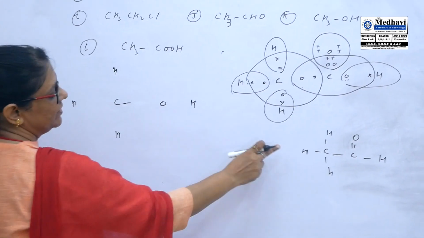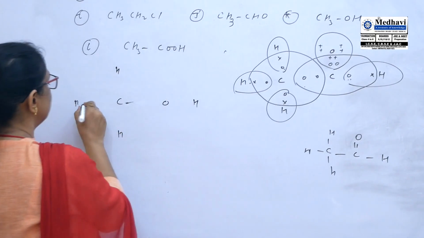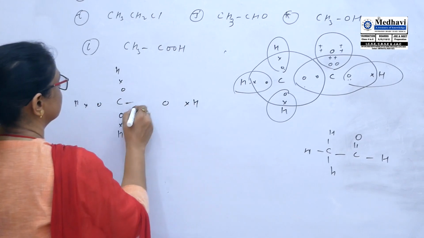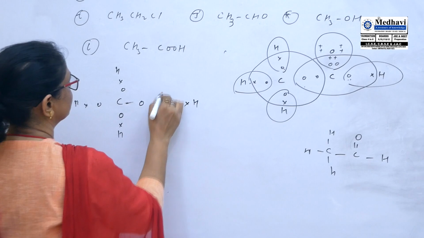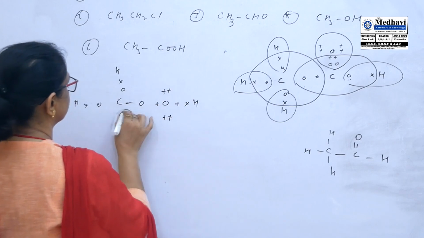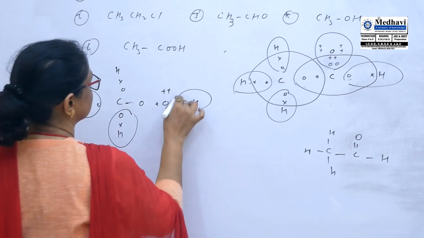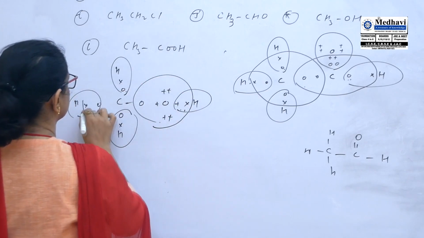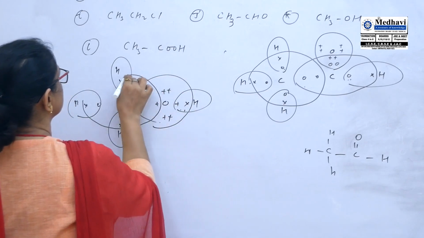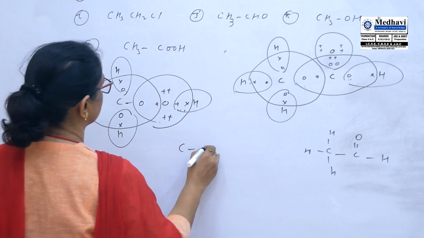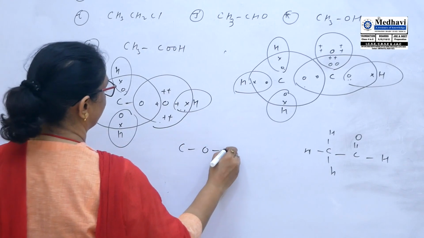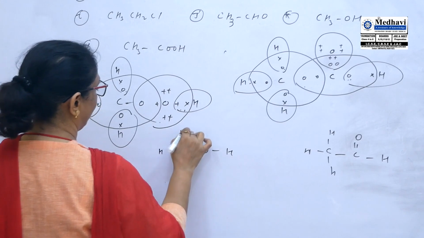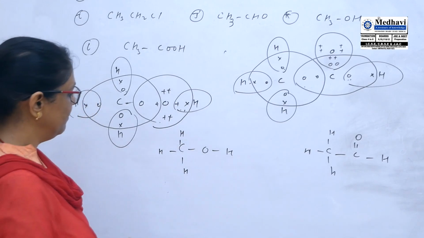Next is the alcohol group. Methyl group is always the same. Methyl group is common. So we can easily draw methyl group. So this is the methanol.